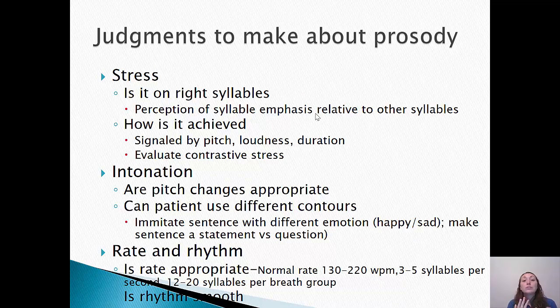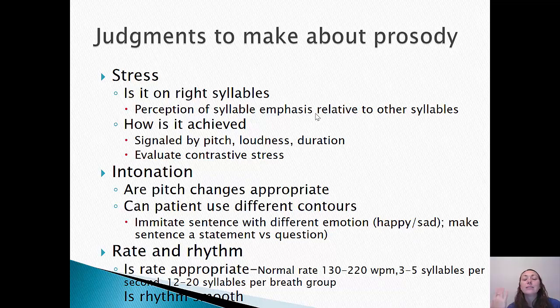Are there any concerns with regards to stress and intonation, with pitch, loudness, duration? We can evaluate this with contrastive stress tasks. I'll pull up an example when we look at the Swigert assessment, where we have different sentences and the patient puts different emphasis on different syllables, and can they shift that as well?